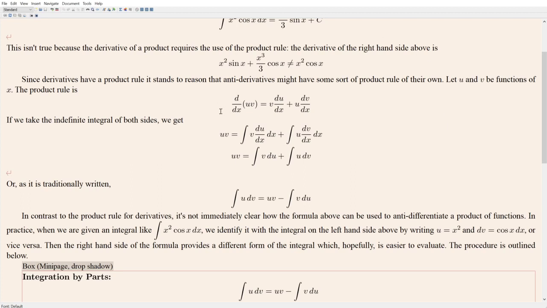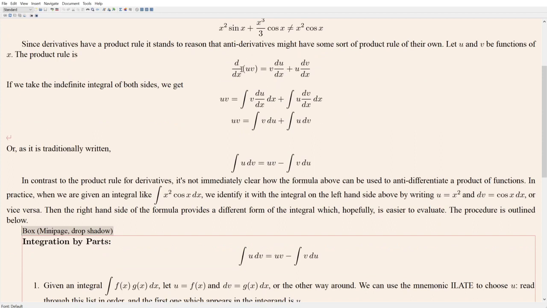So, recall what the product rule for derivatives is. Suppose that u and v are functions. I'm going to use the differential notation for derivatives here, because the formulas are going to work out nicer that way. So the derivative of the product uv is v times the derivative of u plus u times the derivative of v.